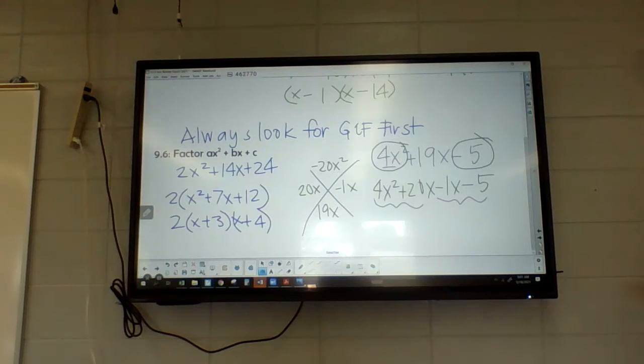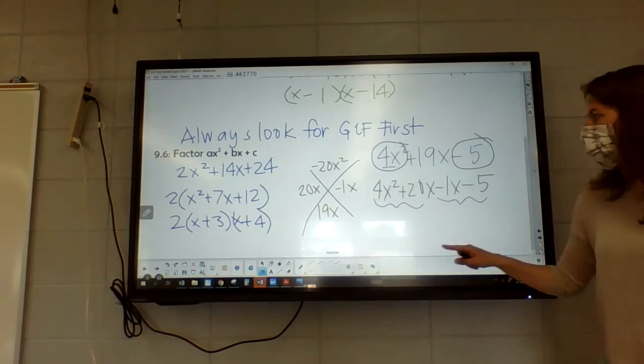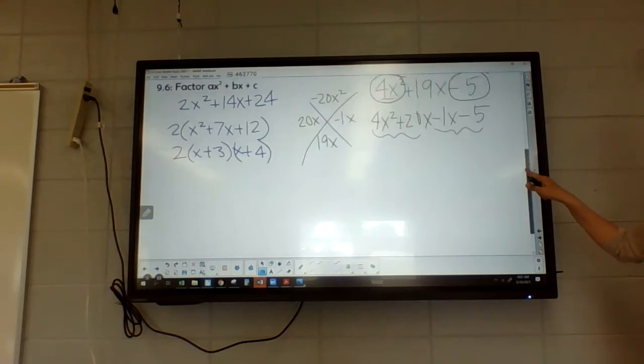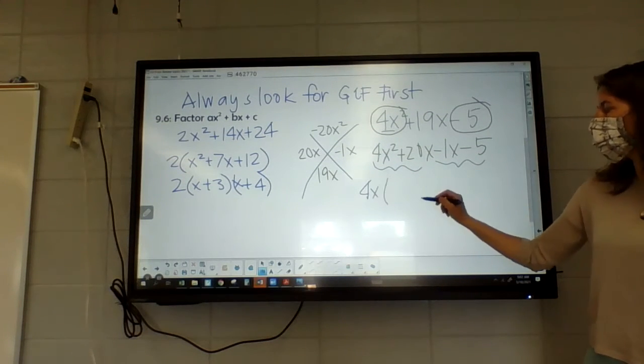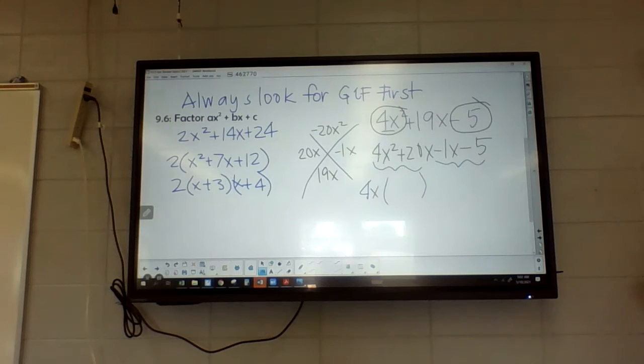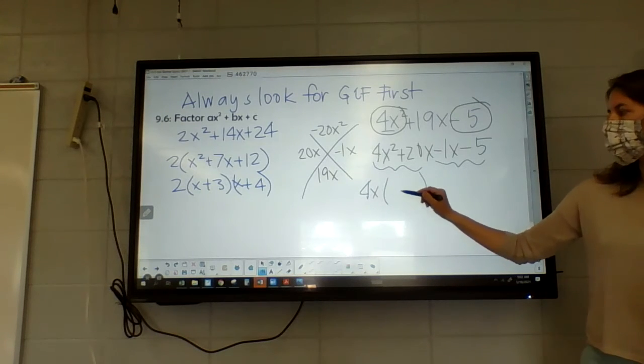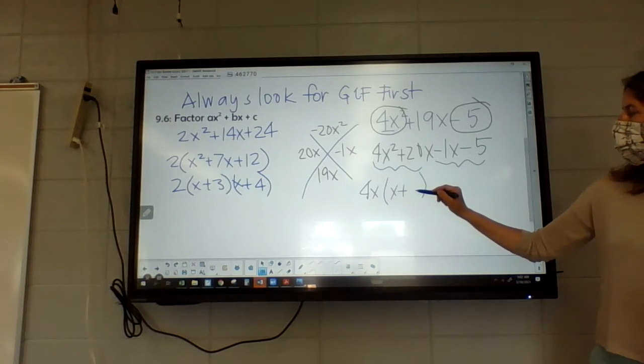We're going to take out a 4x here. We're left with x plus 5, right?